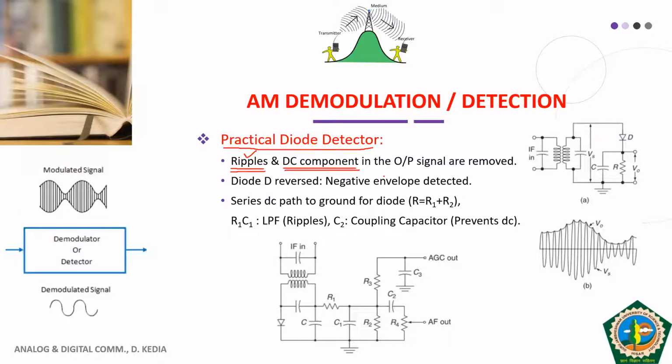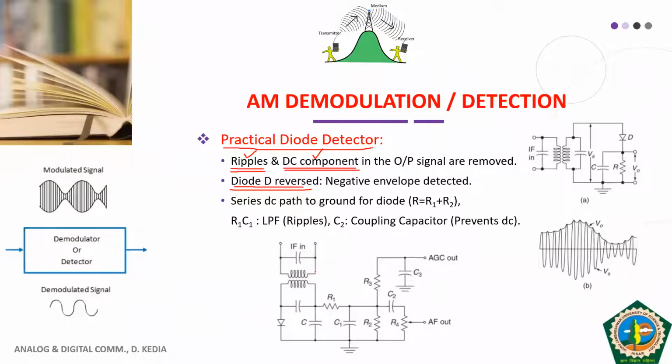So in the practical diode detector, the first thing that we do is make provisions for the removal of ripples and the DC component. For that, some changes have been recommended in this circuit. One change that has been proposed here is that the diode we were using has been reversed.